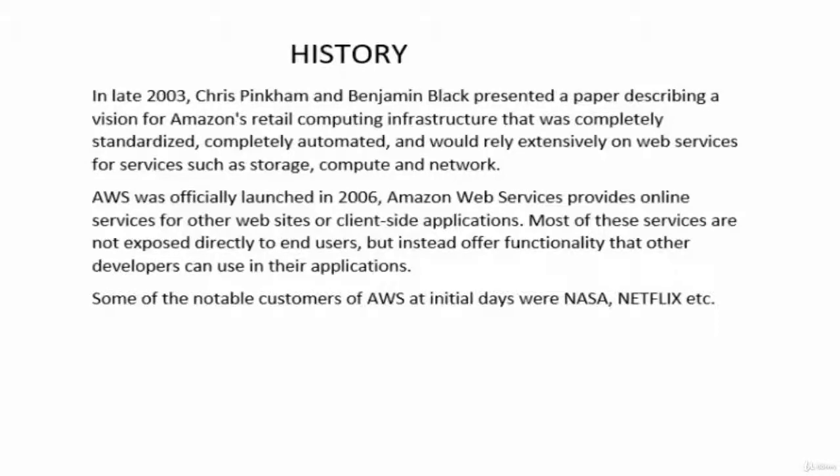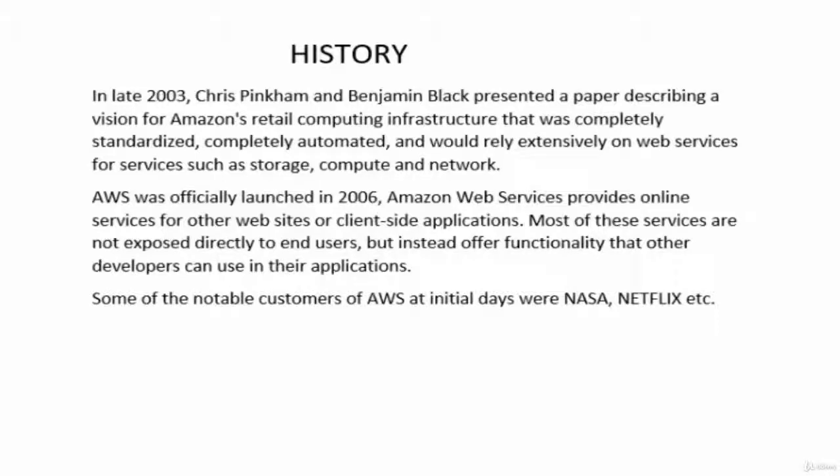Since it was officially launched in 2006, Amazon Web Services provides official services for other websites or client-side applications. Most of these services are not exposed directly to end users, but instead offer functionality that other developers can use in their applications.